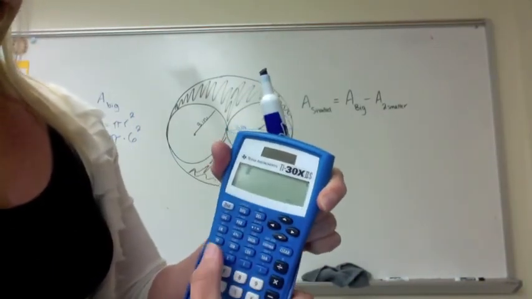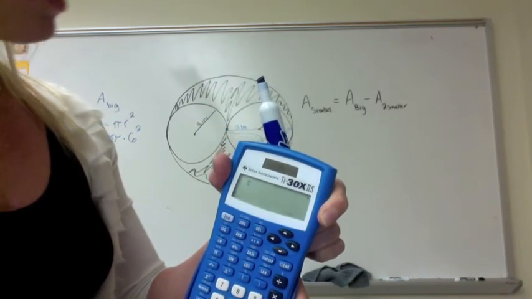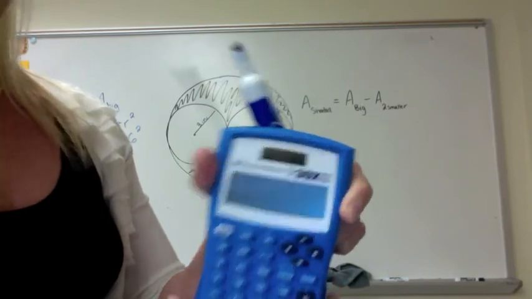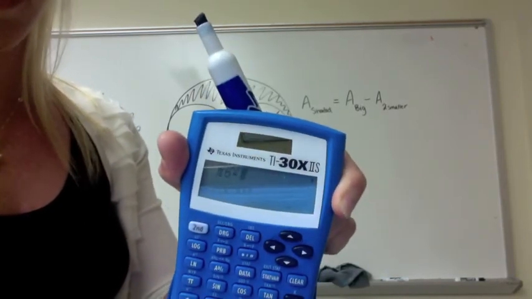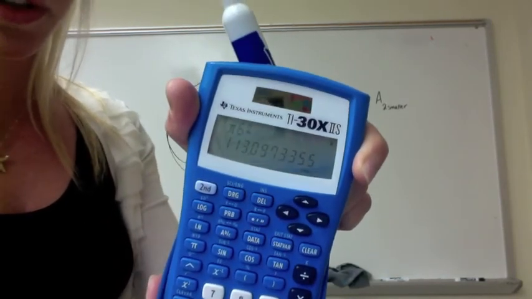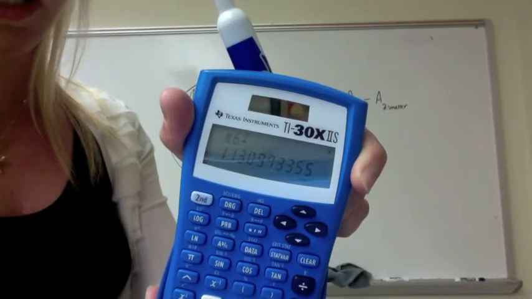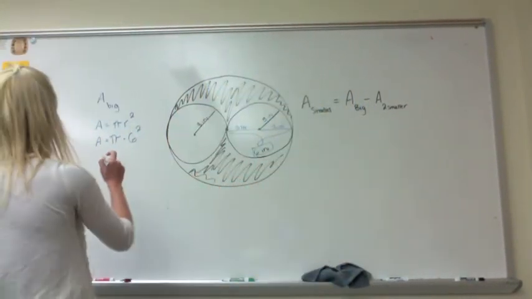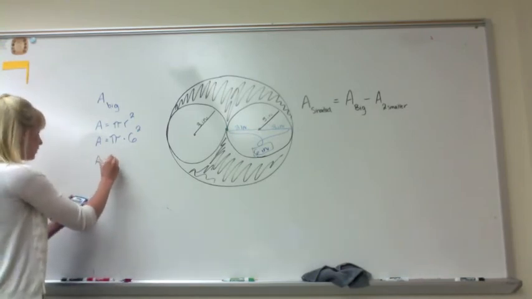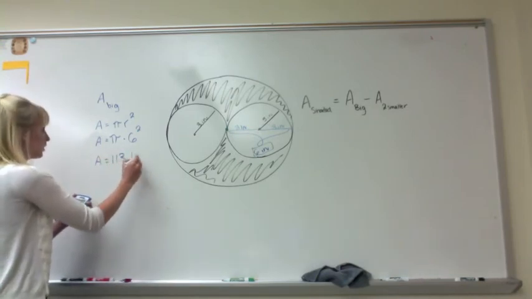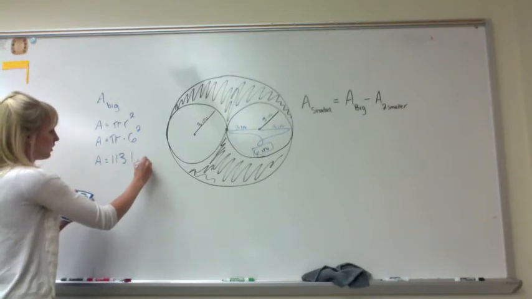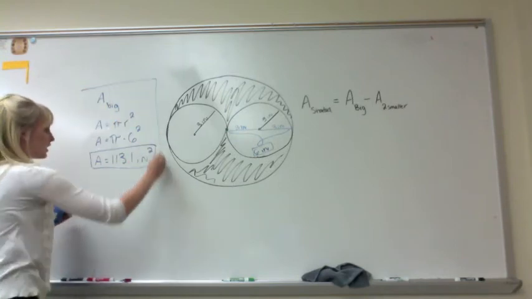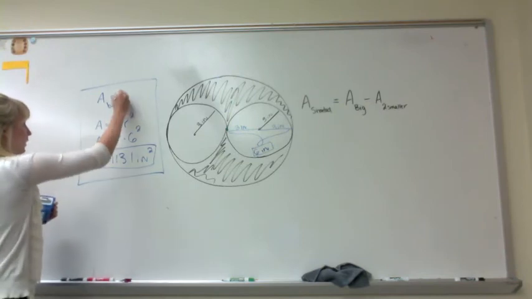So we're going to multiply pi times 6 squared, which we know is 36. Pi times 6 squared equals 113.1, rounding to the nearest tenth, and that is inches squared. Okay, and I'm going to box this in blue. That's our big.